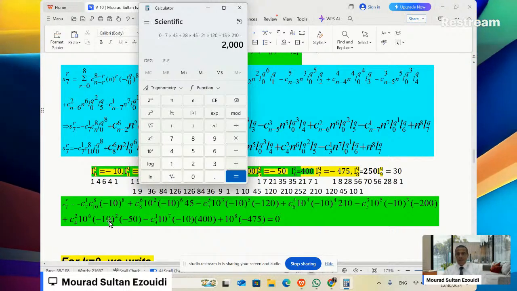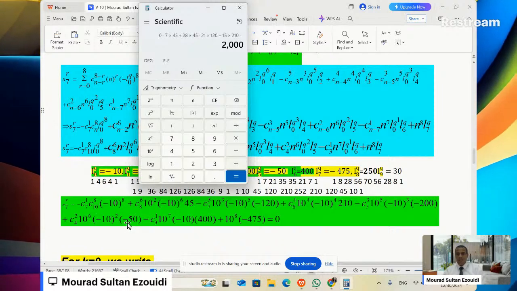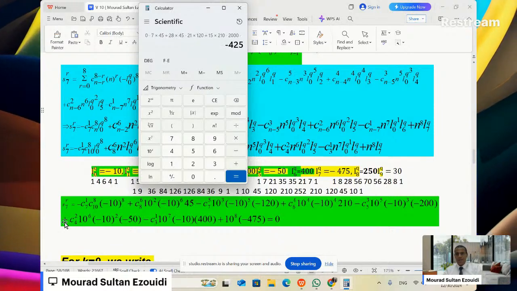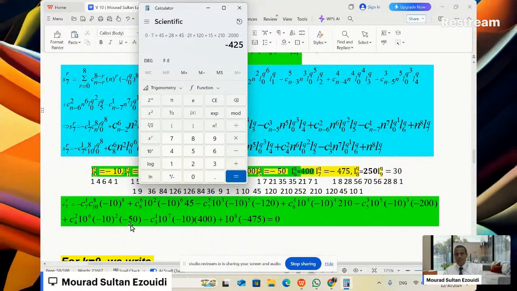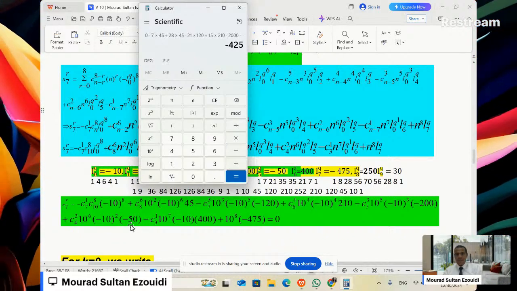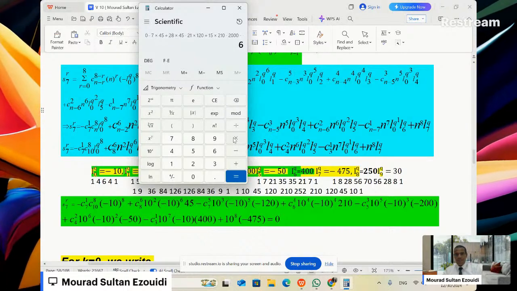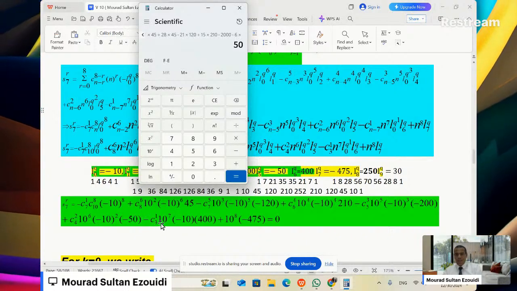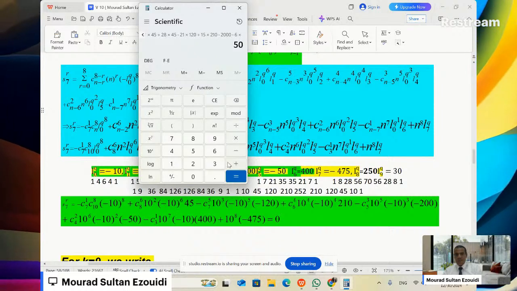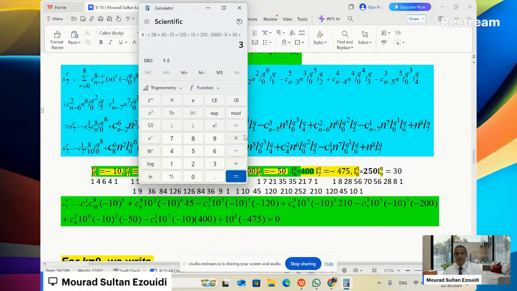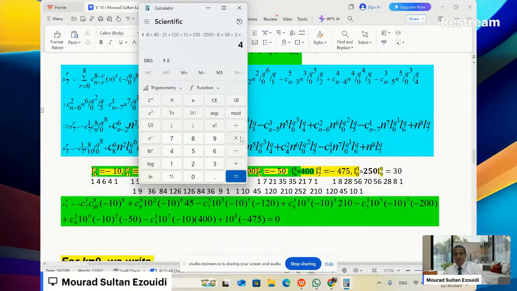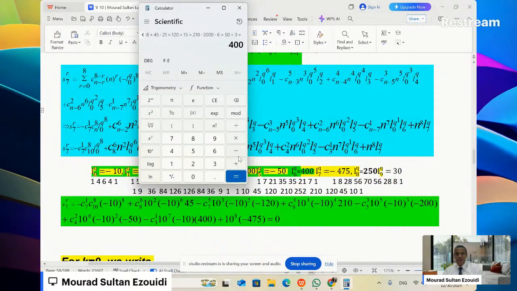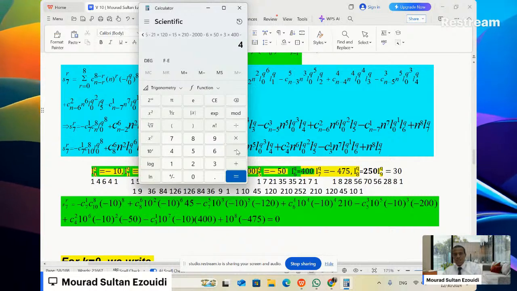Then minus 6 multiplied by 15, then plus 3 multiplied by 400, then minus 475.